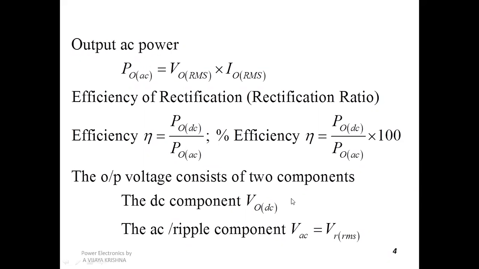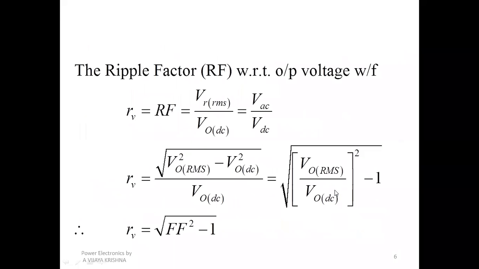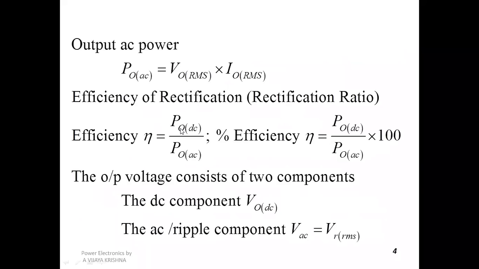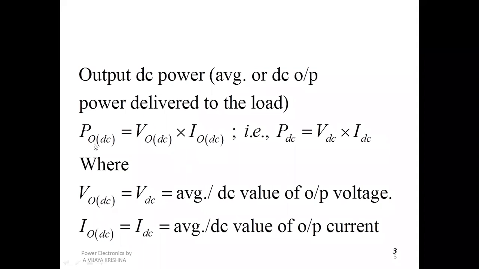Here, how can you calculate this? Therefore, we have to know about P naught DC, which is V naught DC into I naught DC. This is the average output voltage across the resistive load, and the average output current, this is I naught.